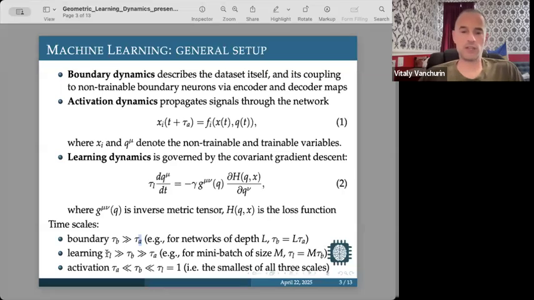There's also a separation of scales in the learning dynamics. You can have, for example, a mini batch of size M, and you can take a few steps of changing the boundaries, figure out how your network performs on different data from the data set, and only then change your variables. And so there's this TL. Now, since we're interested in learning dynamics, we'll set this TL equal to 1. And as we will see, we'll actually consider timescales even larger than that for certain appropriate descriptions.